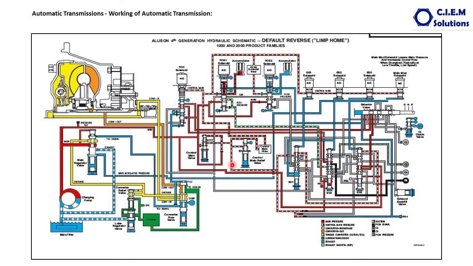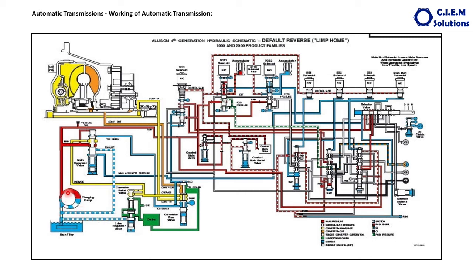Now let us look at this flow diagram, which explains how the gear is engaged in an automatic transmission. This is the oil sump. This is the charging pump. The blue one is the suction line.